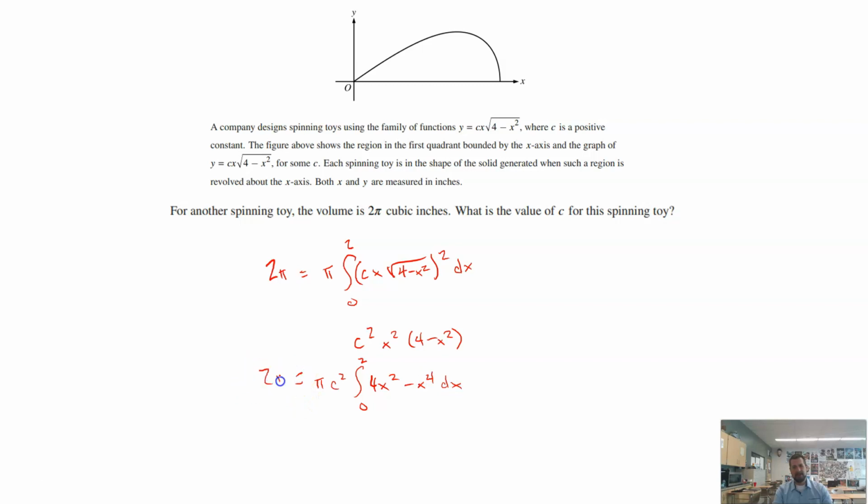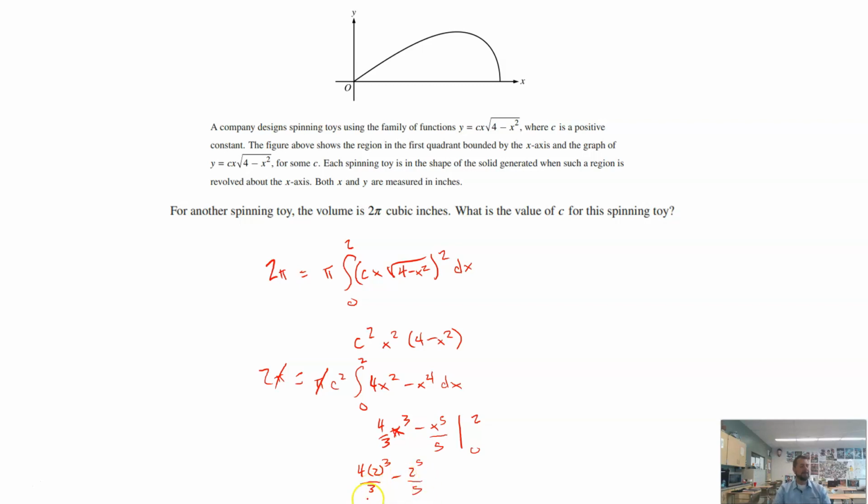is equal to 2 pi. Well, I can divide the pi's out, and then do this integral, which means I have to take the antiderivative. I get 4 thirds x to the 3rd minus x to the 5th over 5, and I'm going to evaluate that from 0 to 2. When I plug 0 in, I just get 0, but when I plug 2 in, I get 4 times 2 to the 3rd divided by 3 minus 2 to the 5th divided by 5.